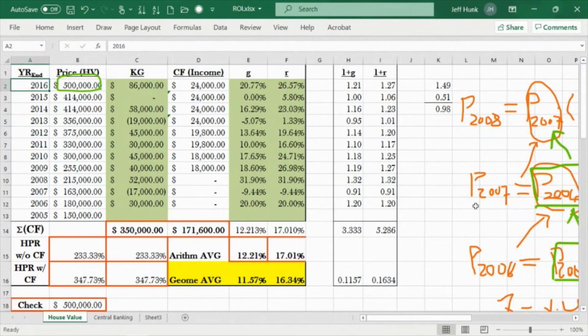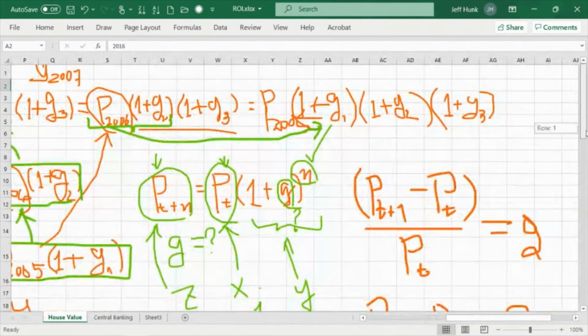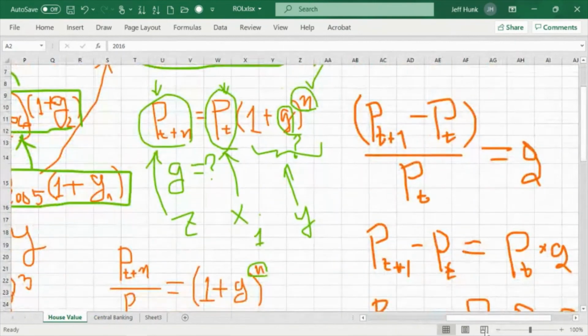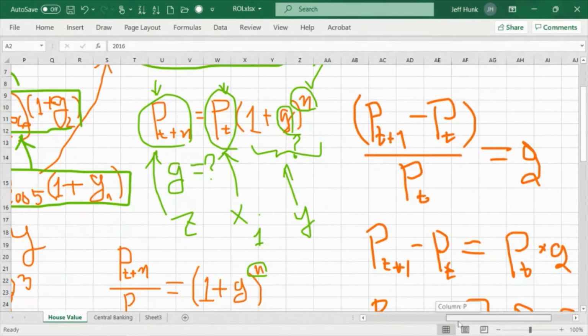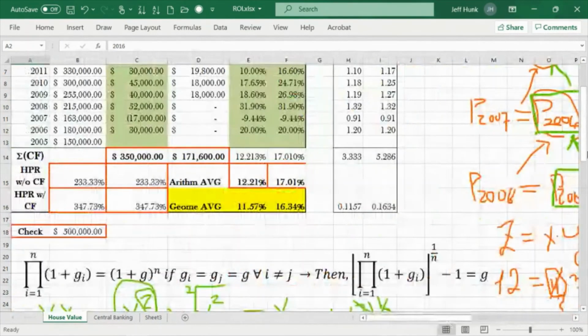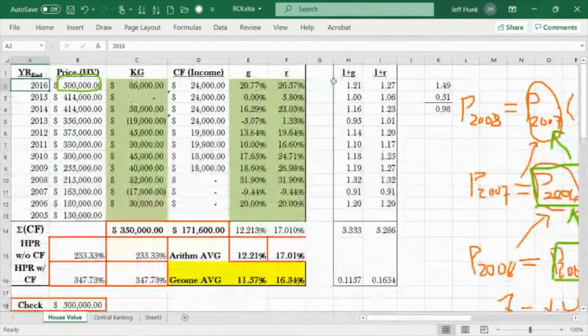So there's a compounding going on here. You cannot simply take the simple average; when there is growth, you have to take the geometric average.